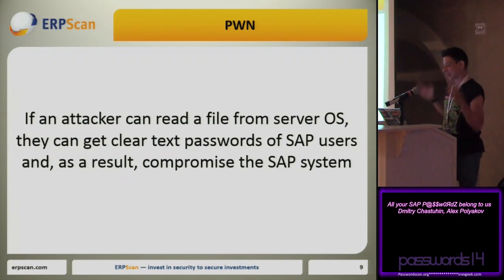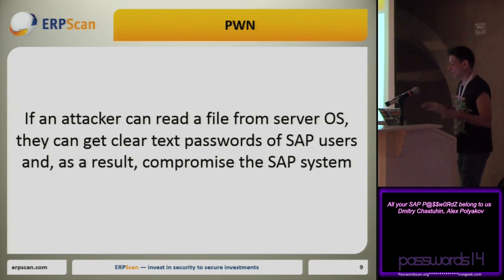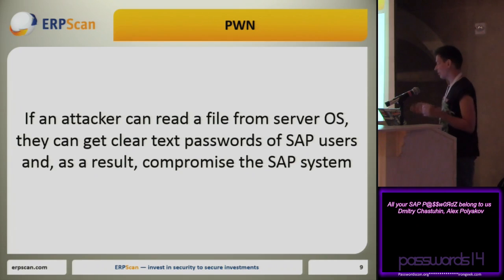And if an attacker can read a file from the server, they can get clear text passwords of SAP users and as a result compromise the SAP system. SAP has a lot of different vulnerabilities which allow an attacker to read any file from the operating system or execute commands, getting remote command execution.